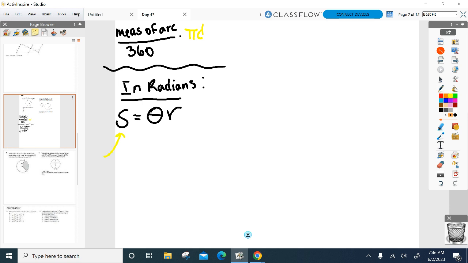S is the arc length. That's arc length. Theta, that's my angle, but it's in radians already. So that's what I plug. I plug the radians in for theta. And do I have to label R? Are we good? Radius length. Okay, radius length for R.